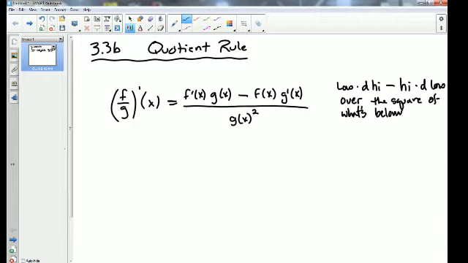Okay, this is how you remember the quotient rule. Low D high minus high D low over the square of what's below. What does low mean? The low function is this one, and the high function is this one. So you would take the low times the D high minus high D low over the square of what's below. Okay.